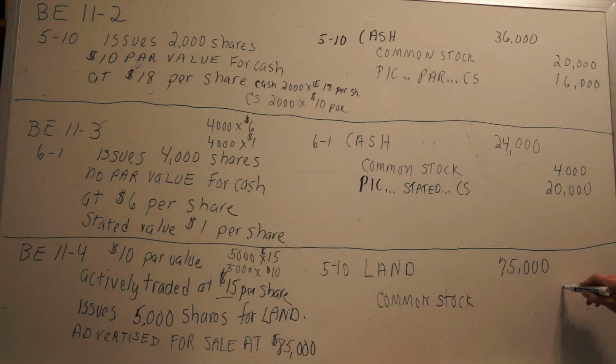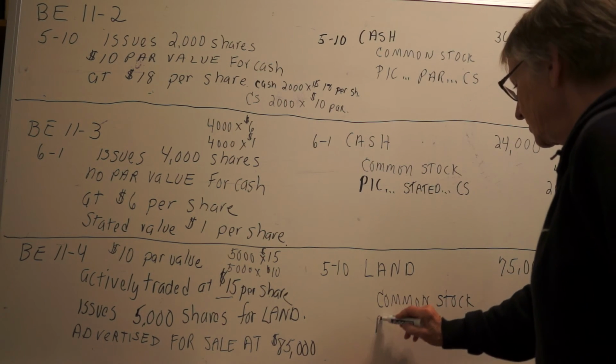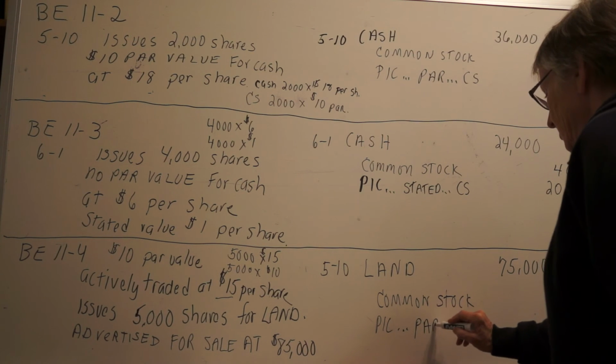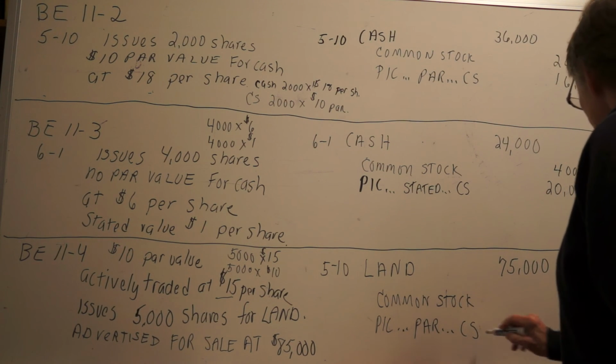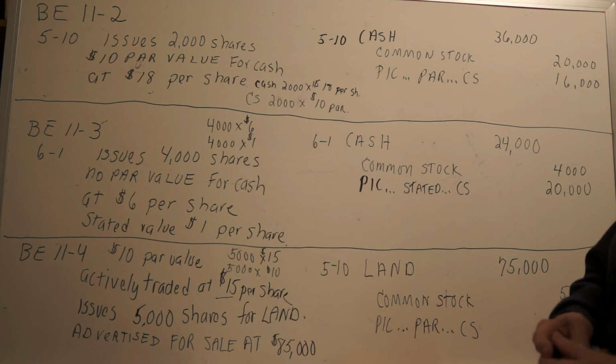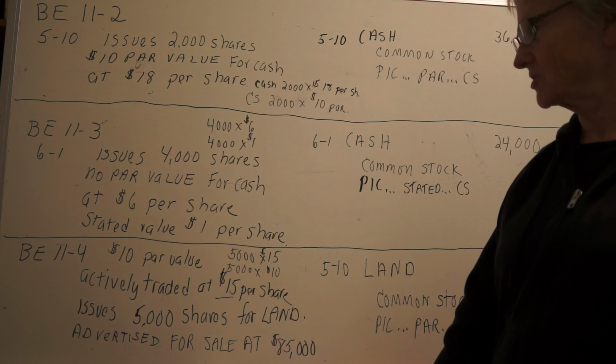So 50,000 gets assigned to common stock, and the other 25,000, this is par value, so it would be paid in capital in excess of par value on our common stock. Okay, so that takes you through the various things involved in issuing stock for cash and for a non-cash asset, land.